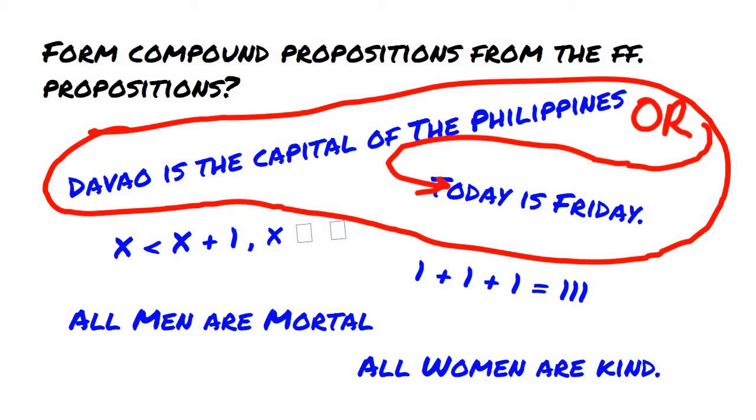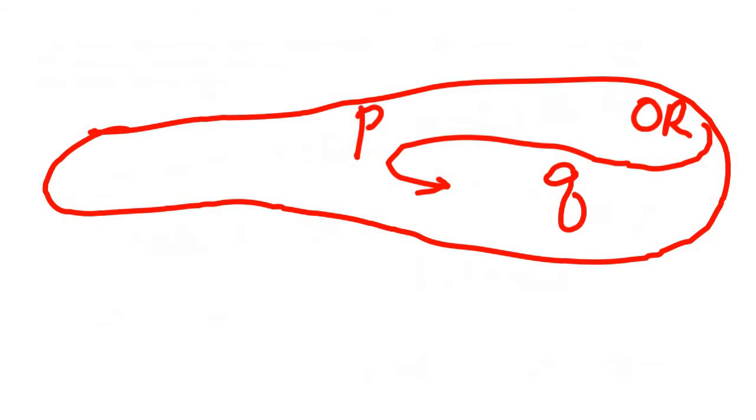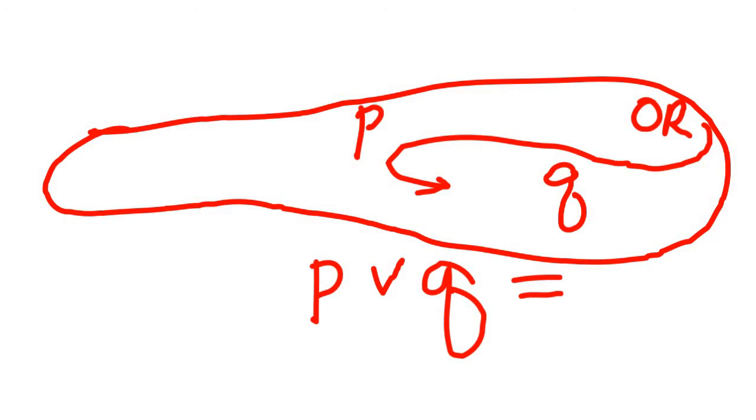If we let the first be P and today is Friday be proposition Q, we could write a logical expression, P or Q. Let's solve its truth value.